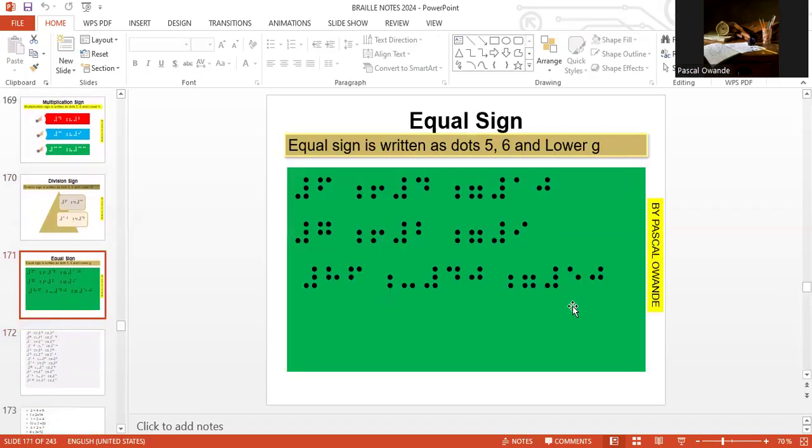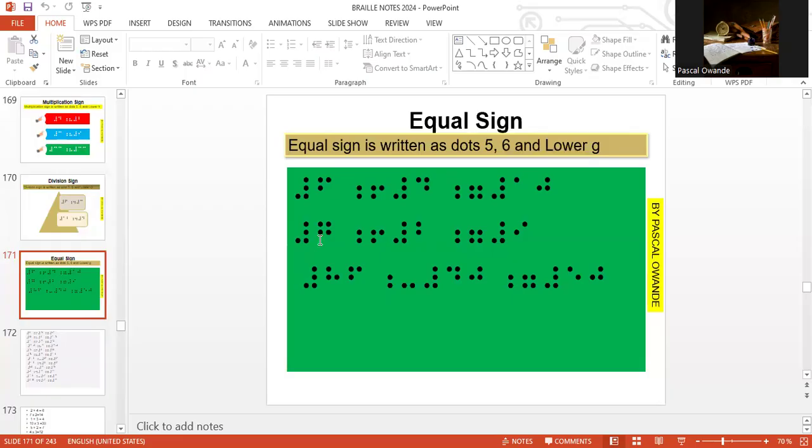How do we use the equal sign, which is written dots 5-6 lower g? So I want you to look at this. We have numeral sign 6, space, addition sign, numeral sign 4. So this is 6 plus 4, space, dots 5-6 lower g for equal sign, numeral sign 1, 0. So the first one is 6 plus 4 equals 10.